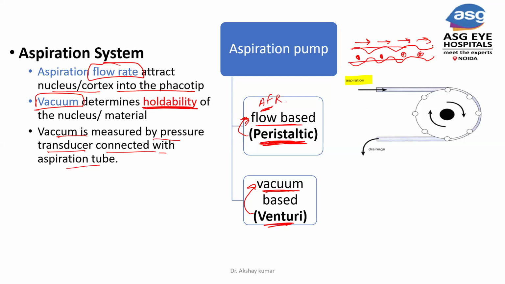Here the water moves in small packets with the movement of the rollers. Whenever the roller moves, the water movement occurs, and this leads to the development of aspiration flow. So this is how it works.